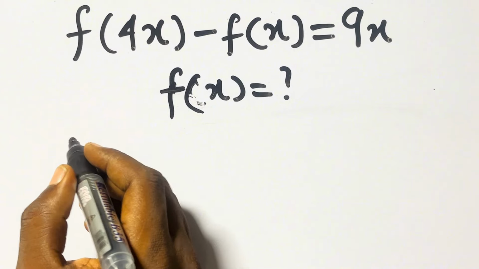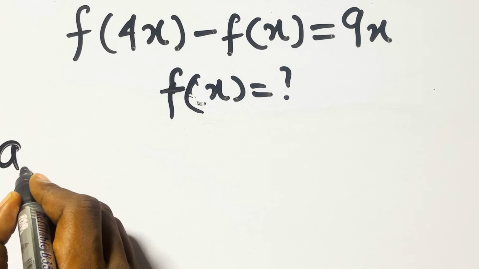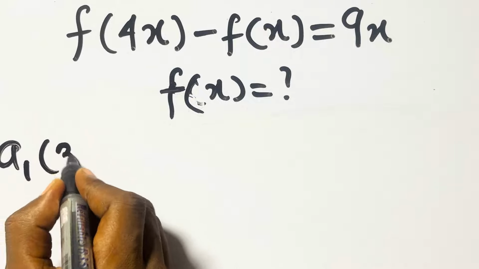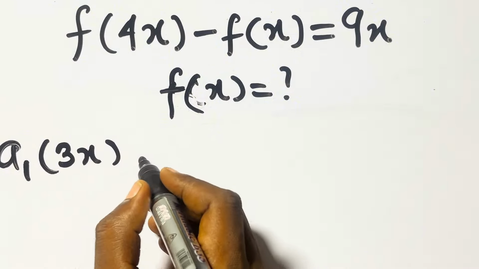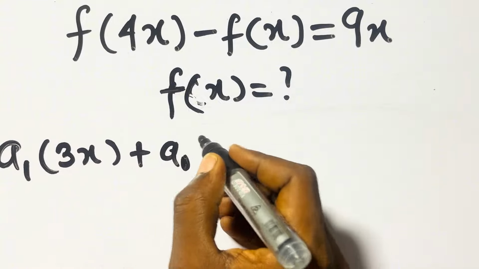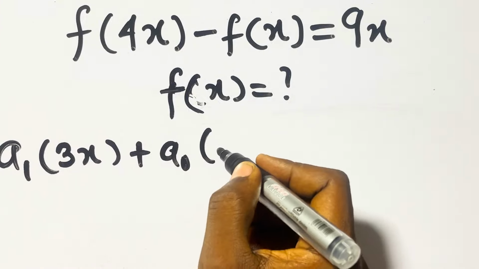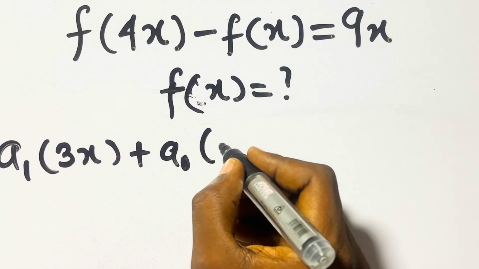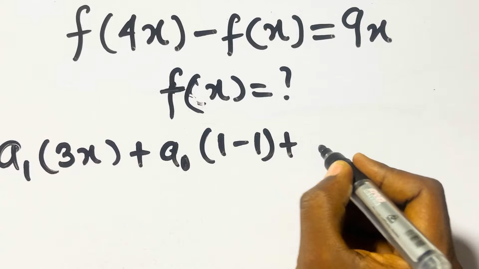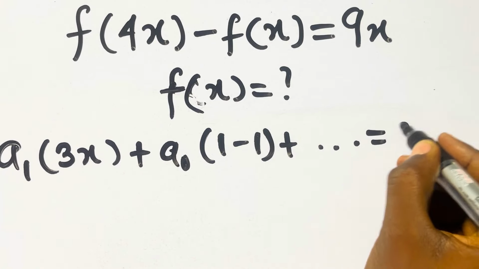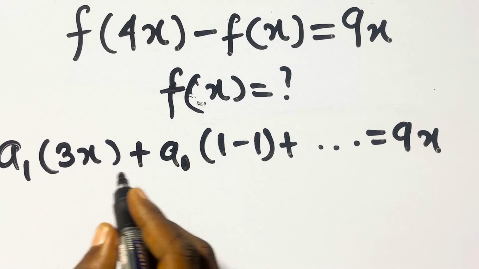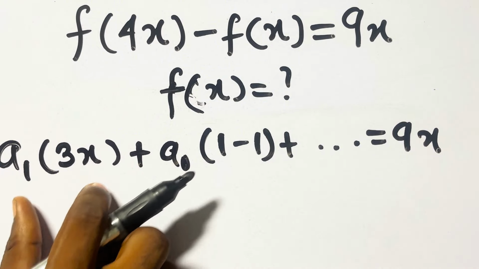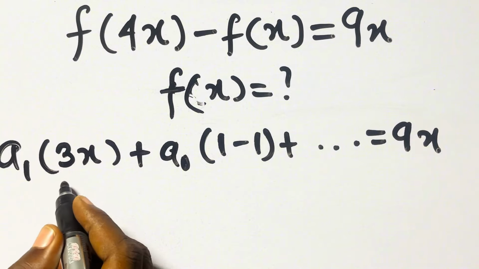So we have our a_1, then 4x minus x will give us 3x. Then plus a_0, where 1 minus 1 is 0, and x raised to power 0 is 1, so we have 1 minus 1, which becomes 0. Because we let n be 1, we are considering only this.